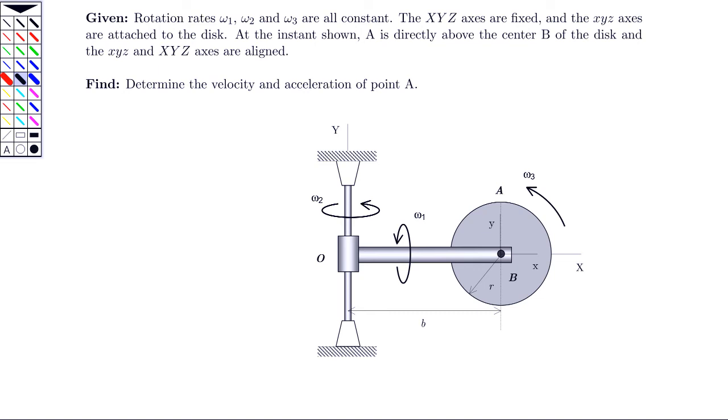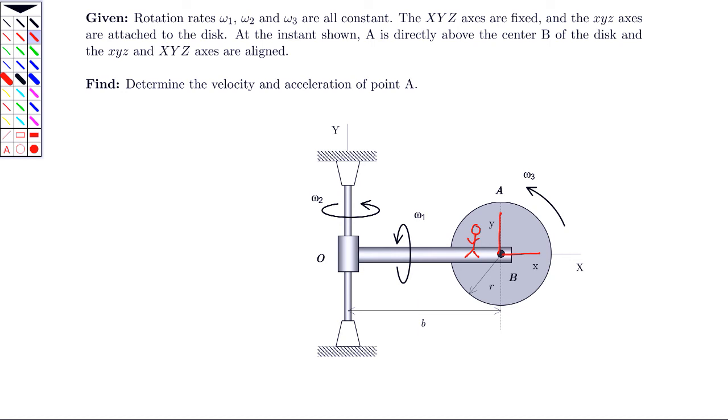So I'm going to start here using red, and in the other solution, the rotating axes are attached to the arm OB. So the axes are here, X and Y, and the observer is attached to arm OB.